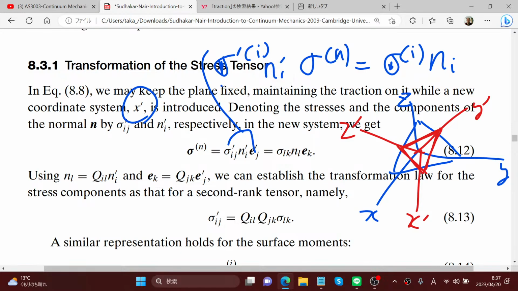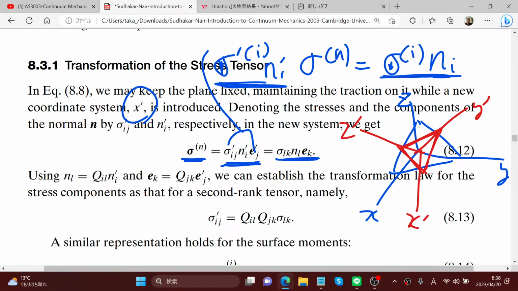You see the same structure as this, right? So using the prime coordinate you can express it like this, then using the original coordinate you can express it like this. And this is the same thing.